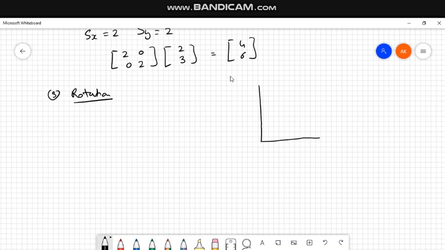Suppose we have a point P (x, y), ठीक है, इसे हमें किसी एक एंगल पर, suppose this is the connecting line from the center, and we have to shift this point to some other point. ठीक है, रोटेशन हो रहा है about the origin.